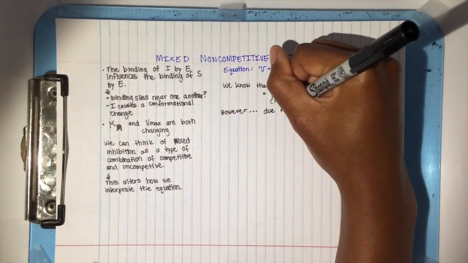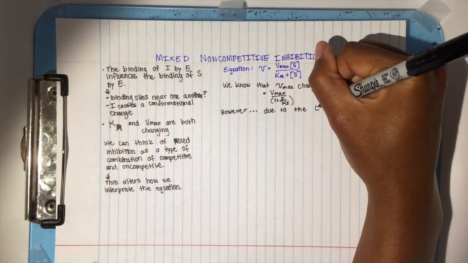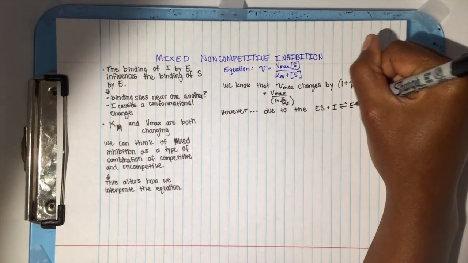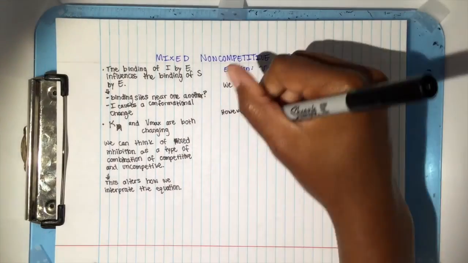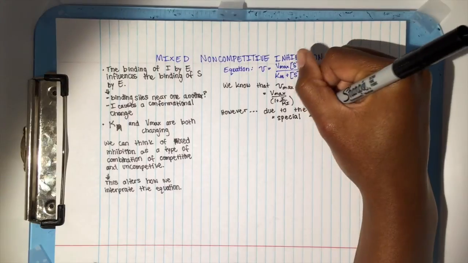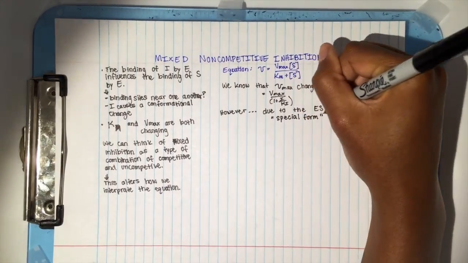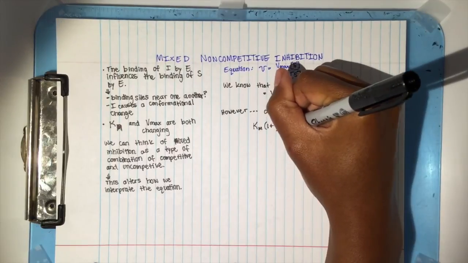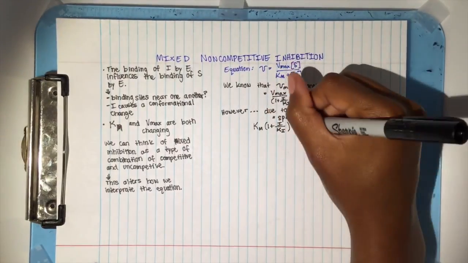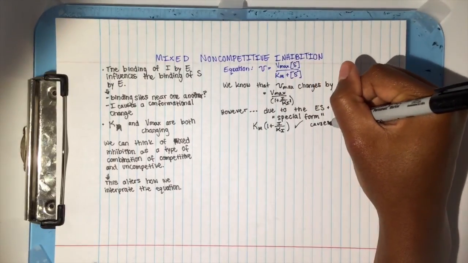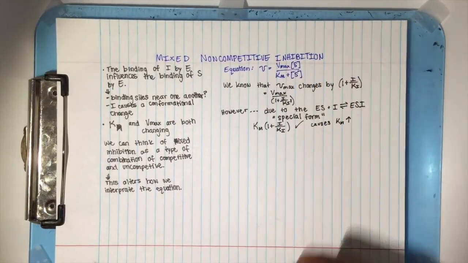However, due to the formation of the ternary complex, we have a special form of Kmap. Okay, so before we knew that Kmap or Km would change by a factor of 1 plus I over Ki. We got that, which causes Km to go up.